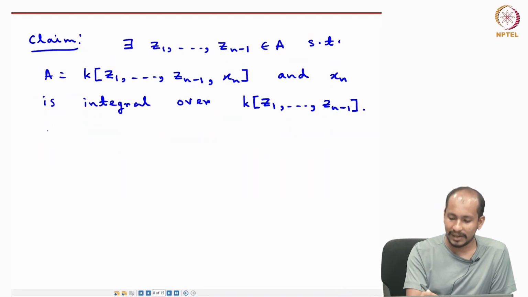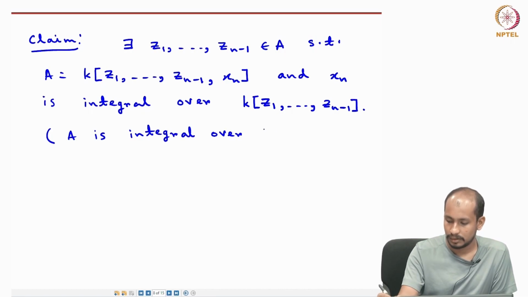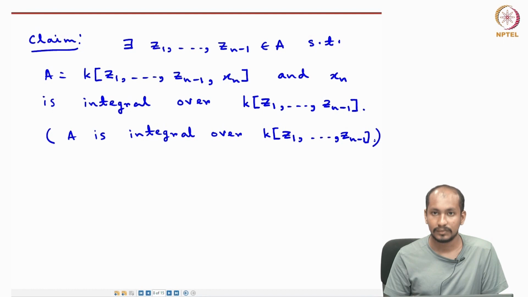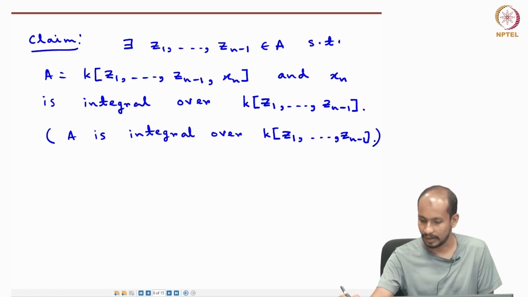So it also implies that A is integral over K[z1 up to zn minus 1]. If we can show this claim, then the Noether normalization lemma follows, right?